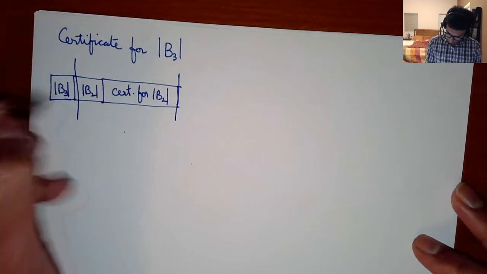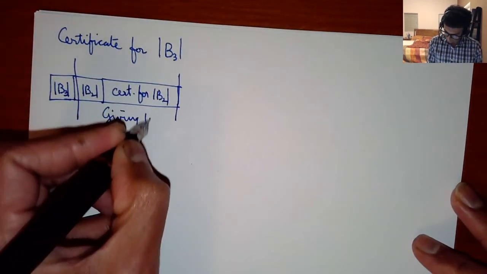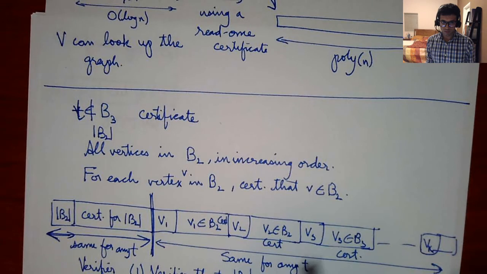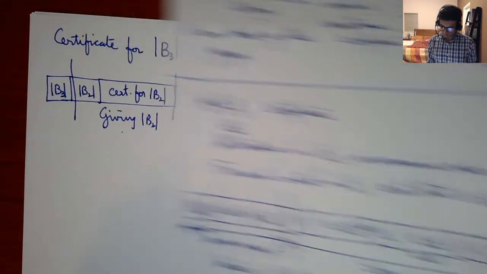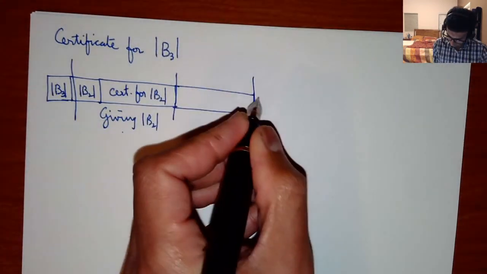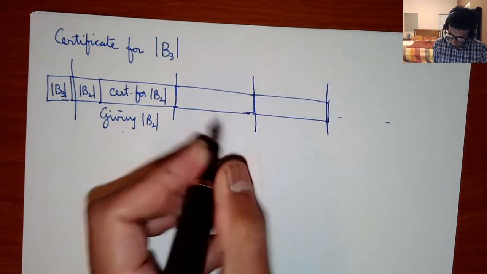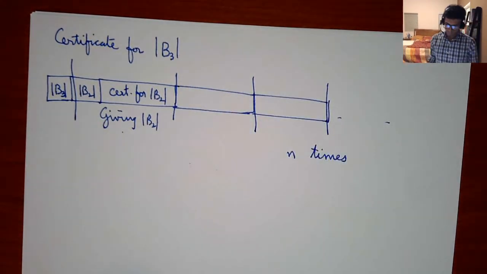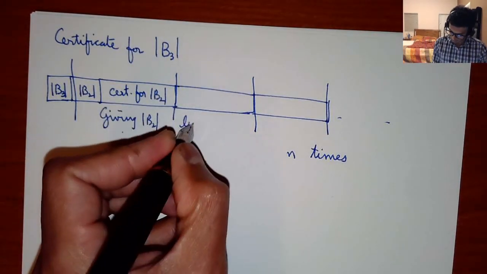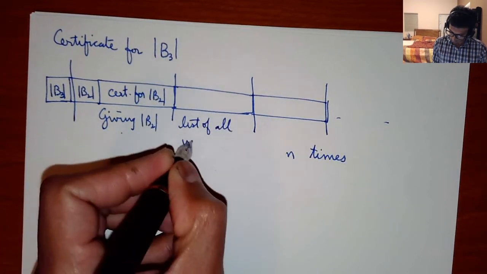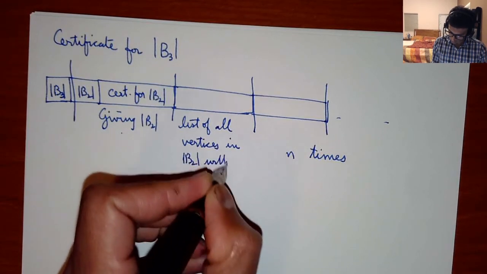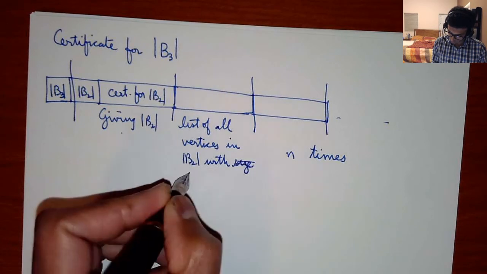Okay, so this is giving B2. And then there was this portion here, which I'm just going to put over there, n times. So this certificate is simply the list of all vertices in B2 with the certificate for each.